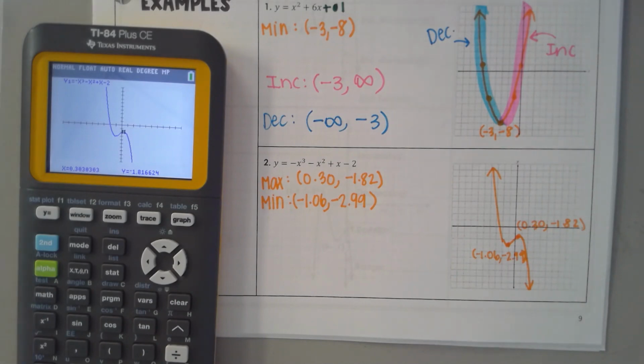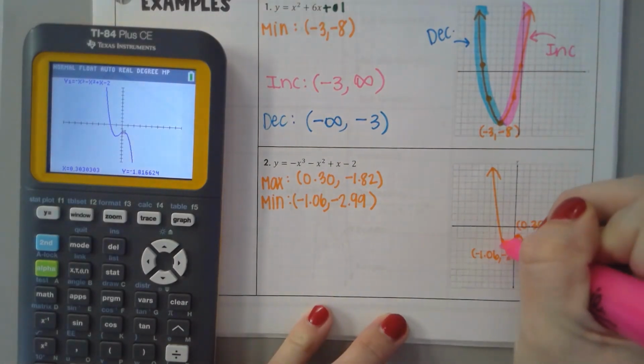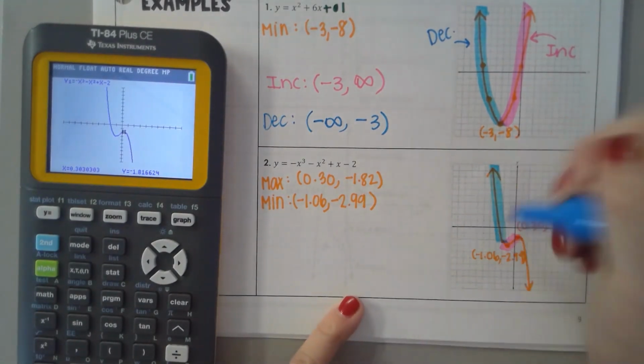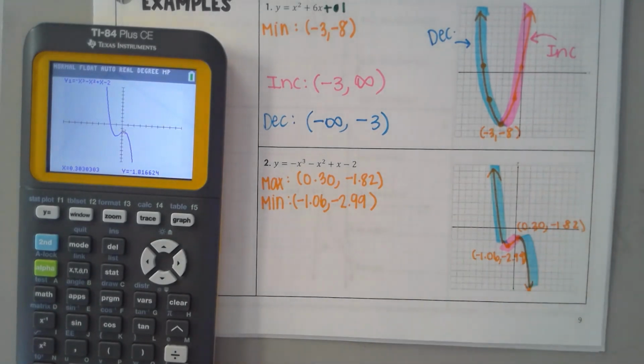This is kind of what the graph looks like. And we're going to highlight where it's increasing and where it's decreasing.